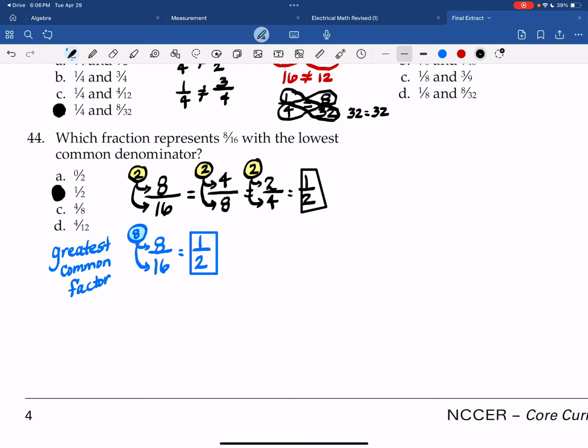He just did not know about the greatest common factor. He was not going to get that. But he got the right answer. So I left him alone. He could reduce by 2 faster than a lot of students could figure out the 8. So if that works for you, use it. It is okay, and you will get the right answer.